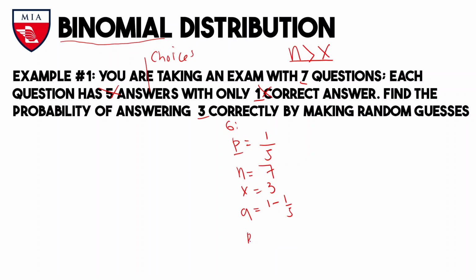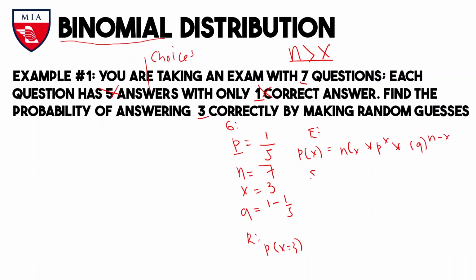For the required, we need to find the probability of x is equal to 3. For the equation, we just need to write the formula: probability of x is equal to nCx multiplied by p raised to x multiplied by q raised to n minus x.